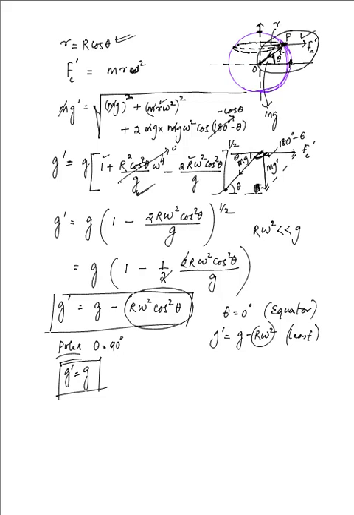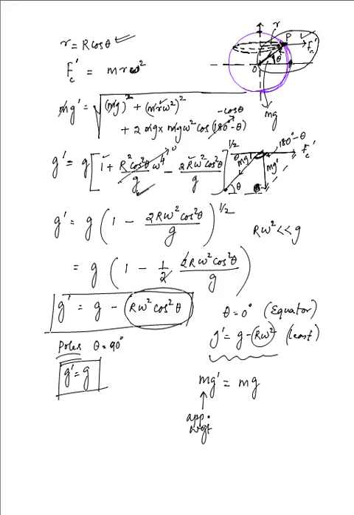So that's the variation of the acceleration due to gravity at the poles, the equator and at different latitudes. And what we come up with from this is that the acceleration due to gravity will be least at the equator, also because if you multiply this with the mass, just multiply this with the mass. Now this was the apparent weight. If you are multiplying the mass on the left hand side, you multiply it on the right hand side as well.